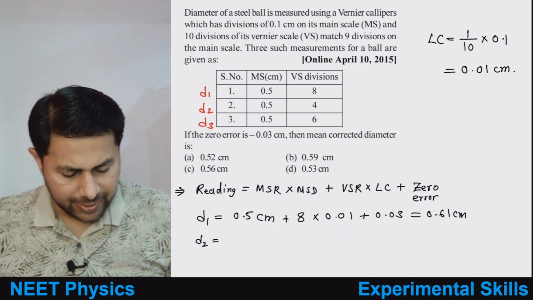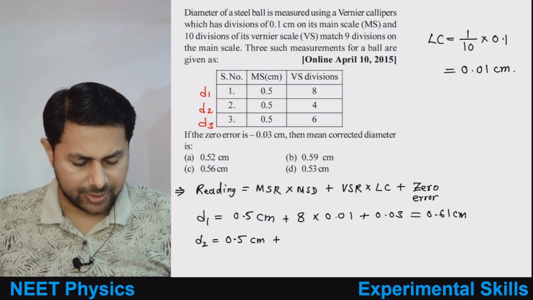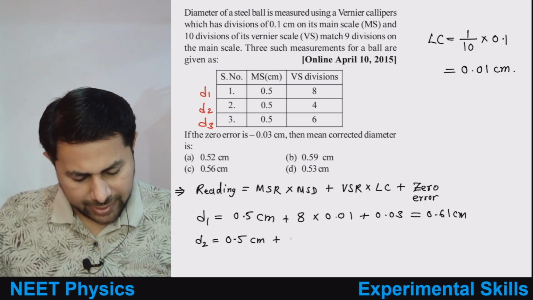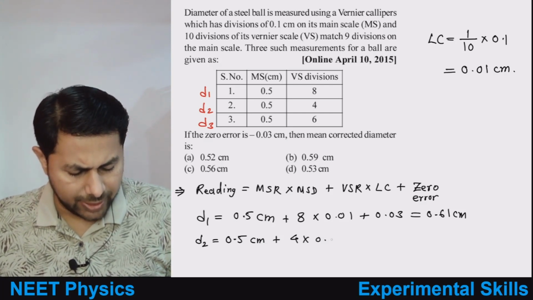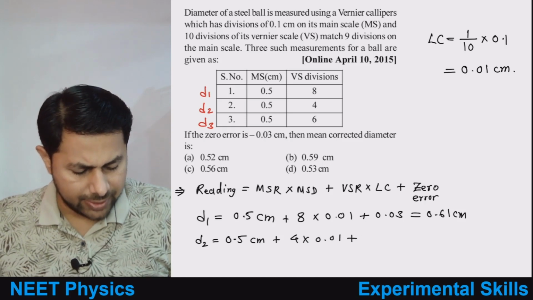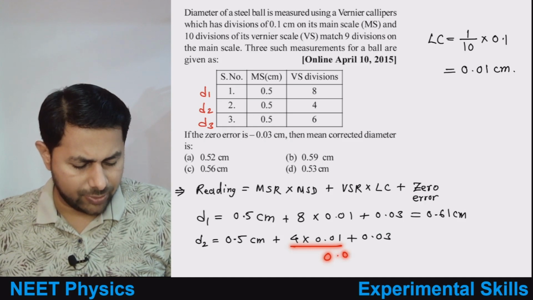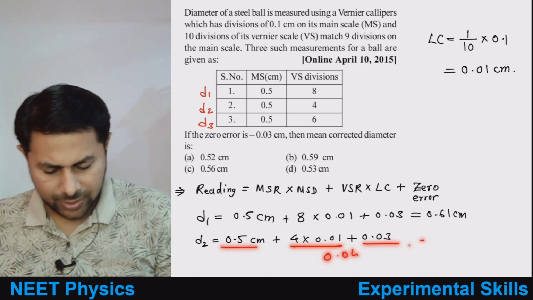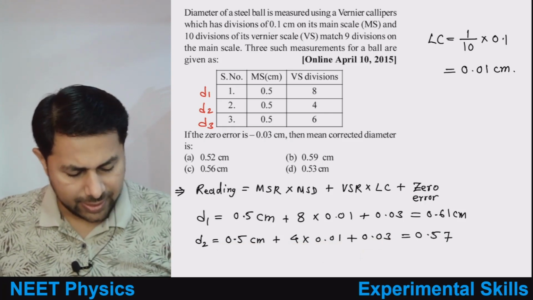What's the second reading? Again, the main scale reading is the same, 0.5 centimeters, plus the Vernier scale reading is 4, so 4 times 0.01 plus 0.03. This is 0.04 plus 0.03, which is 0.07. So the answer is 0.57.